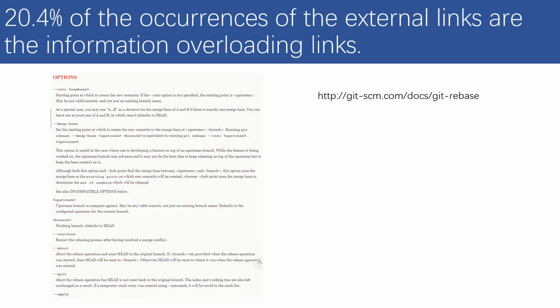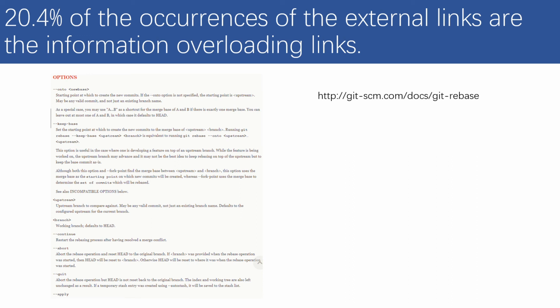We observe that 20% of the occurrences of the external links are information overloading links. The shared resources can provide comprehensive information, and much of the information is unnecessary to the concerns of the question, though it can be used to answer other questions.